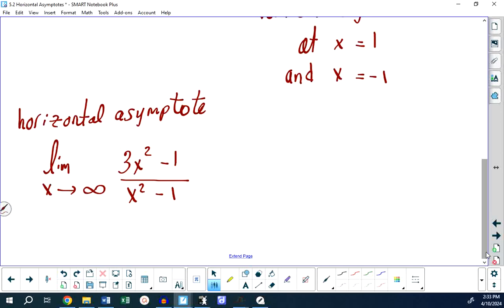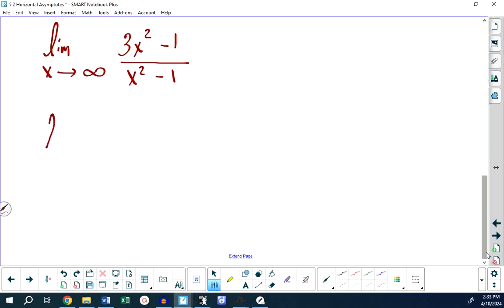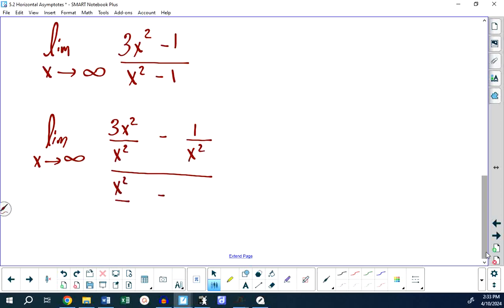What we are going to do is rewrite this and divide every term on the top and every term on the bottom by the highest degree on x. So I'm dividing the top by x squared, and I'm dividing the bottom by x squared.